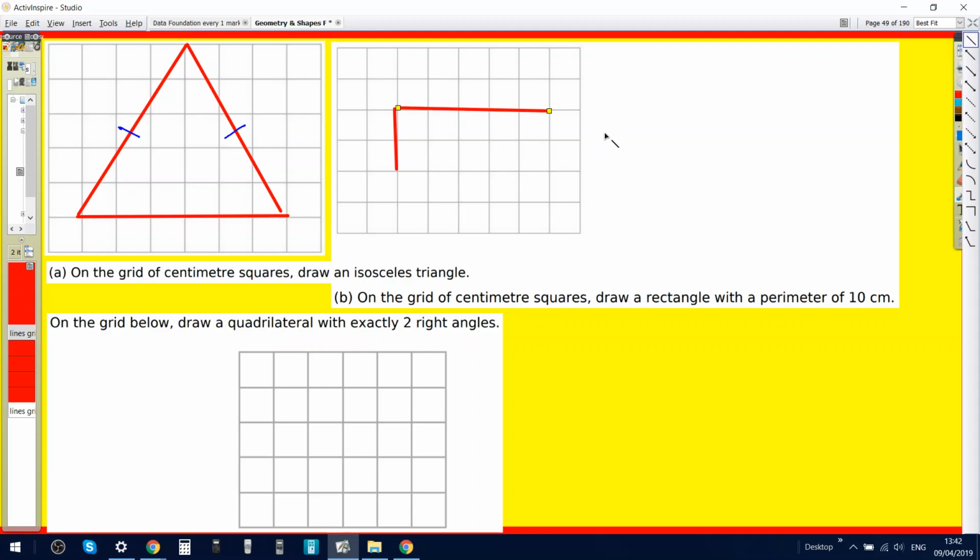If it was 2 up and 5 along, double that would be 14. We need it so when you double half of a rectangle, you get 10.